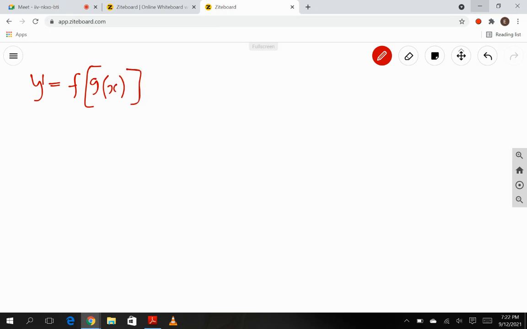So a function of a function, right? How you're going to do this is you find the derivative of the f function. Okay, so the derivative of the f function.